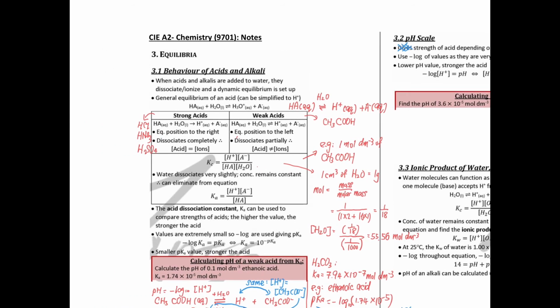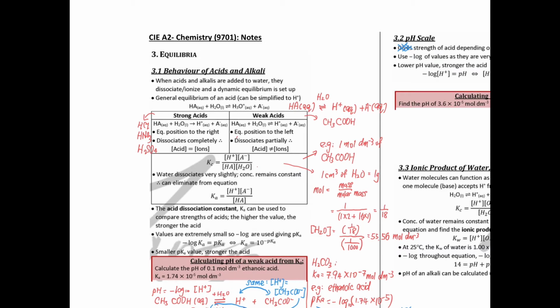For a strong acid, as I mentioned before, we cannot apply Kc, because at the end of the reaction the concentration of HA is 0. If you cannot apply Kc, that means you cannot apply Ka also.